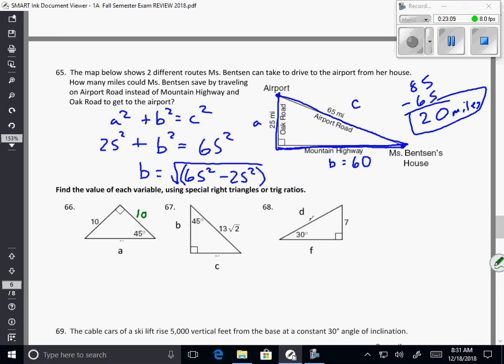We know the opposite, and we're trying to find the hypotenuse, so we could use sine. Or if we remember our special triangles, on a 45, 45, 90 it was x, x, and x square root 2. So this one would just be 10 square root 2, which comes out to about 14.1, I believe.